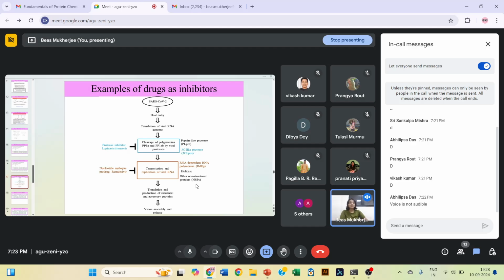That is how the naming of these drugs goes. And nucleotide analog means that it is some kind of modified nucleotide. It looks like the nucleotide structurally, but it has some kind of chemical group attached, and that is going to prevent, let's say, transcription and replication of the viral RNA. So this is how different kinds of drugs are used.